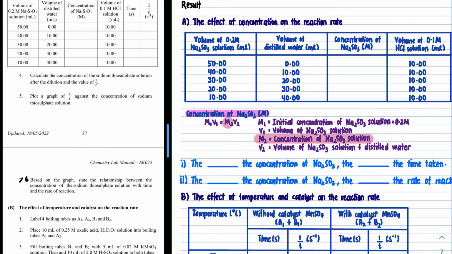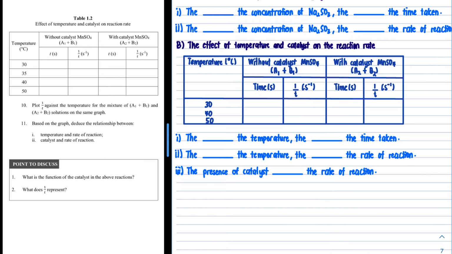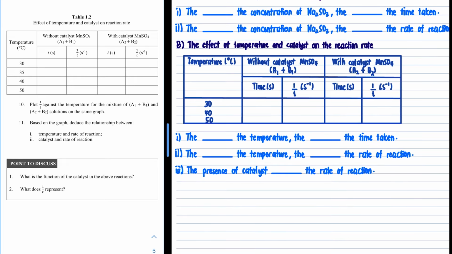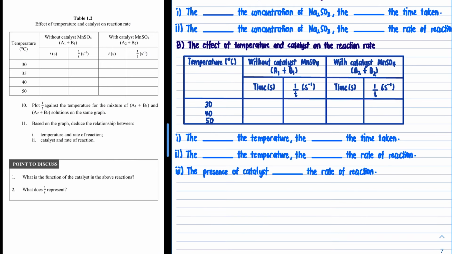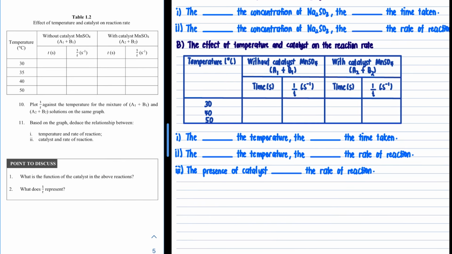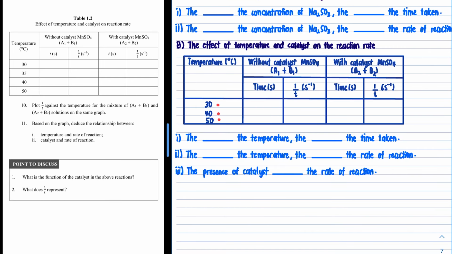Next is part B. For the result of part B, again, what you have to do is redraw all the tables here. It's just that based upon our experiment, we only did 3 temperatures, which are 30, 40 and 50. Based upon the lab manual, it's 30, 35, 40, 50, but we don't have any 35, so we're going to take 30, 40 and 50.